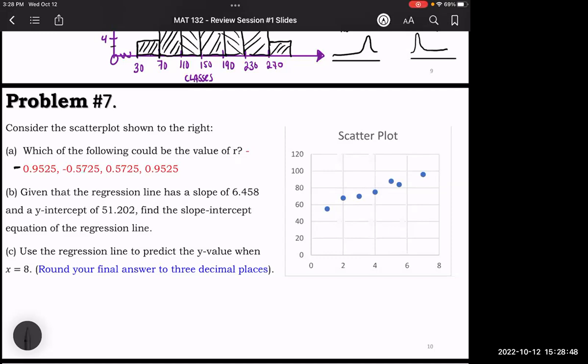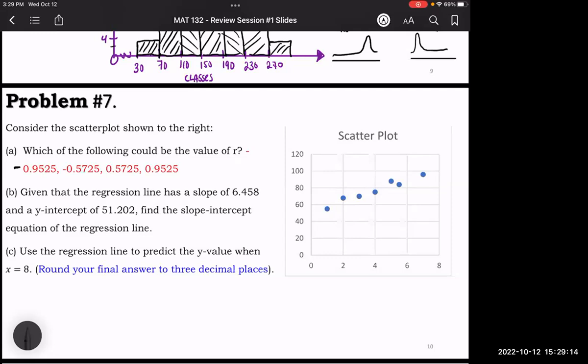The other one is negative 0.5725, then positive 0.5725, then lastly 0.9525. Part B then states, given that the regression line has a slope of 6.458 and a y-intercept of 51.202, find the slope-intercept equation of the regression line. And then part C, we're doing something a little arithmetic.